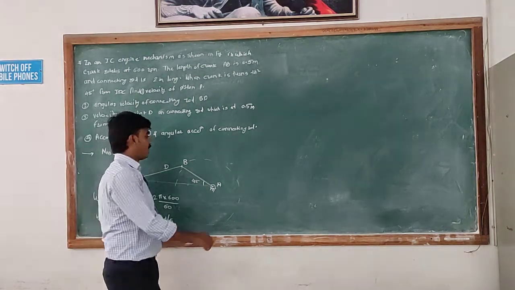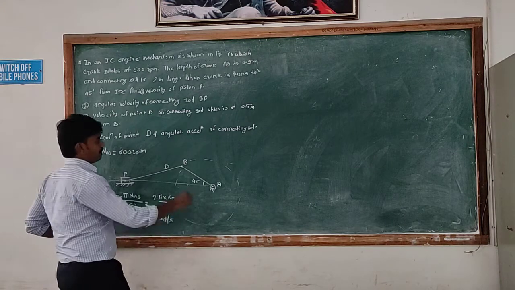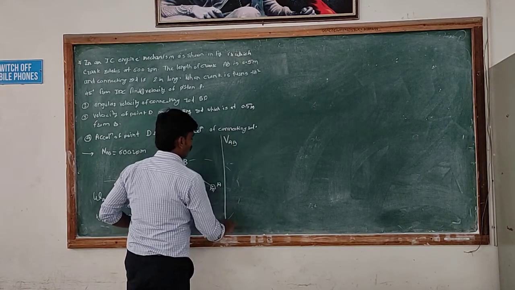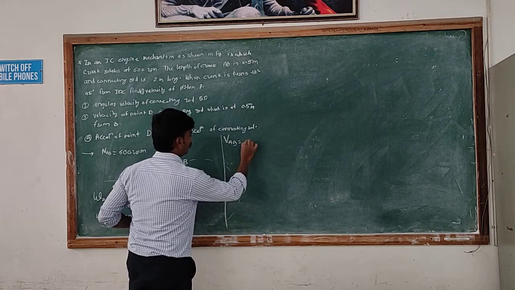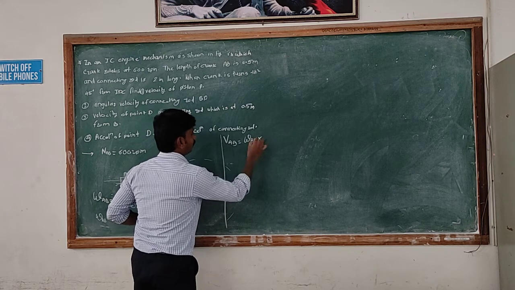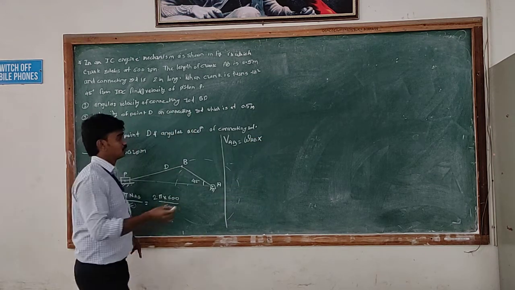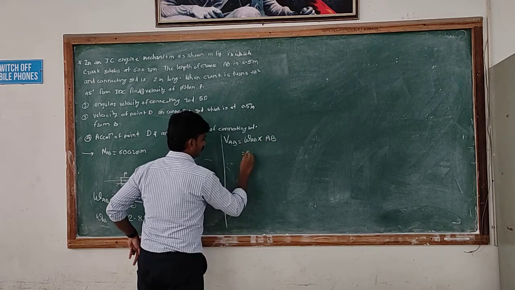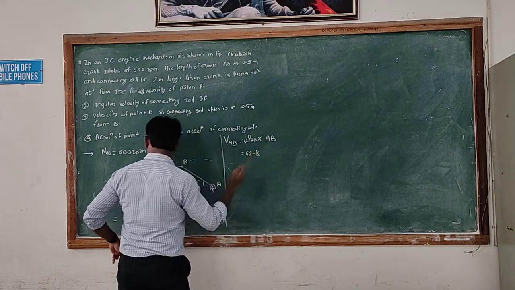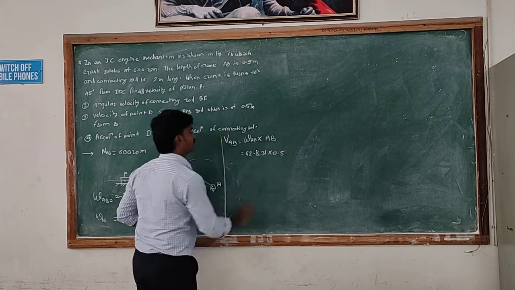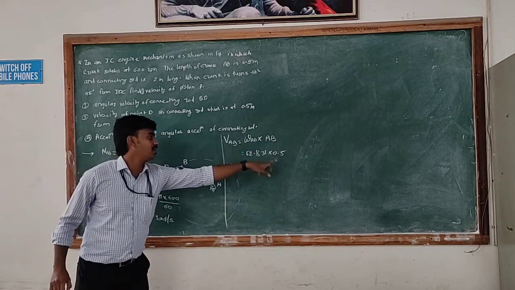Then we have to find the velocity of the link AB. The velocity of the link AB, V of AB, is equal to the angular velocity of AB into the length of the link AB. So 62.831 into 0.5. The length of the link AB is 0.5 meter.